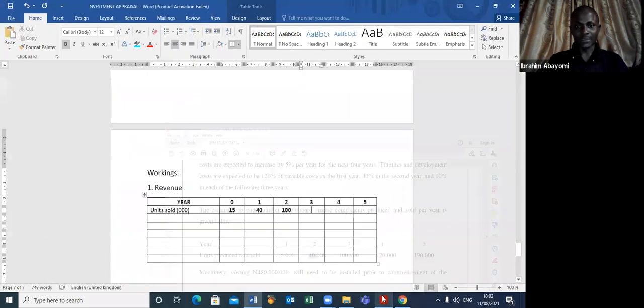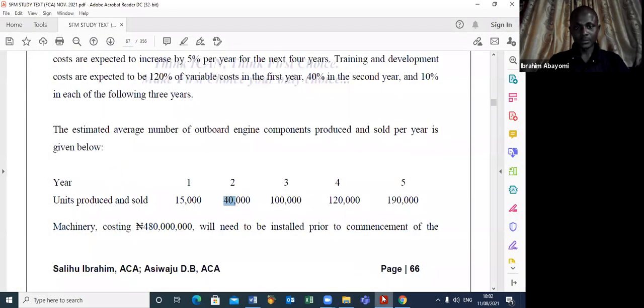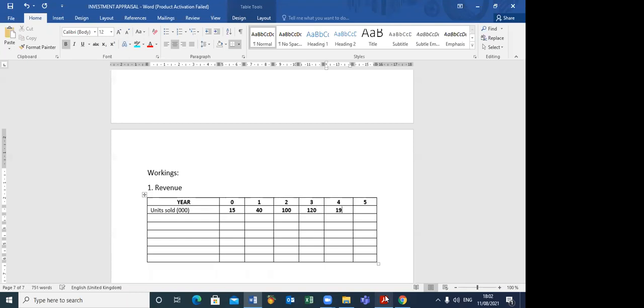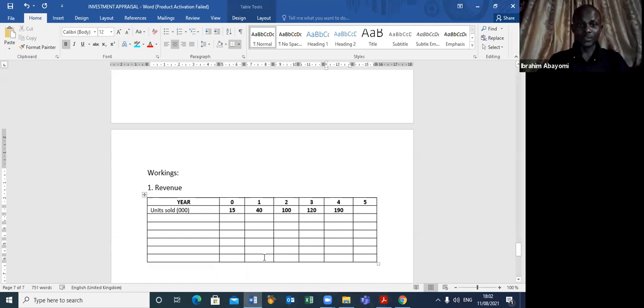Okay, 120, 190. 15, 40, 100, 120, 190. Okay, I think I made a mistake there. 120, 190, 120. Don't worry, I've seen it. I will remove it from there. Don't worry.